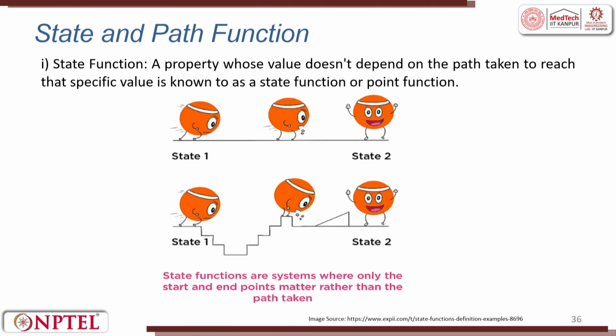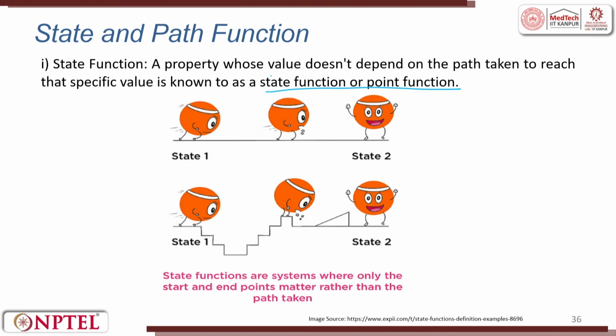State and path function. State function means a property whose value does not depend on the path taken to reach that specific value; it is known as a state function or a point function. From 1 to 2, from 1 to 2 it goes, right?